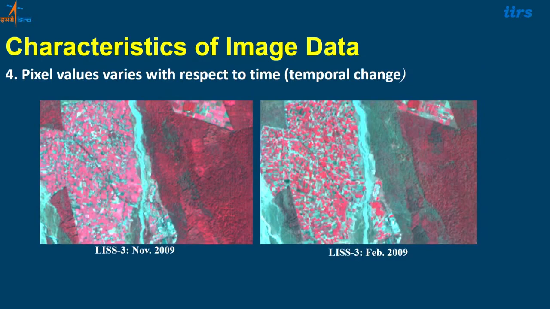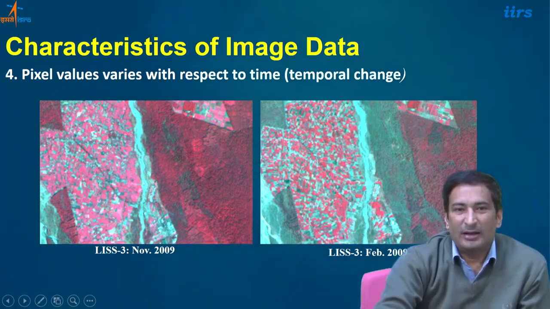Fifth, temporal. What is the season, what is the date of pass of the data, when that data was captured. This is also very important. Now if you see here, a typical example: this is your LISS 3 image. It was taken in November 2009, and the same image in February 2009.